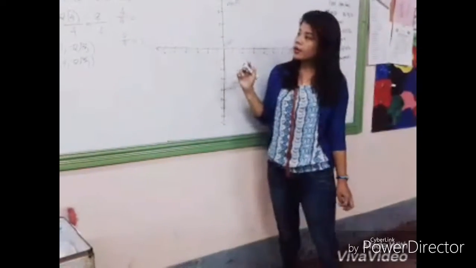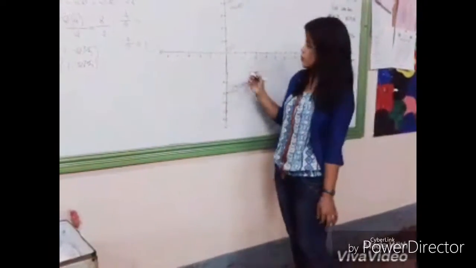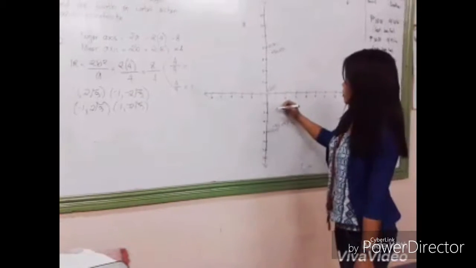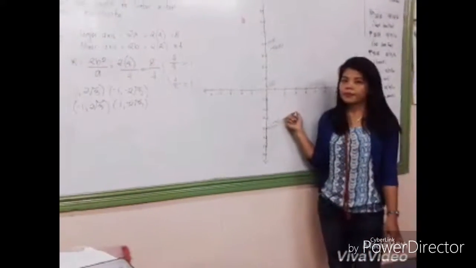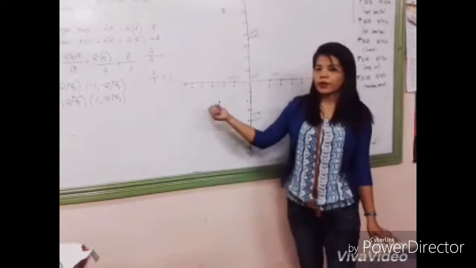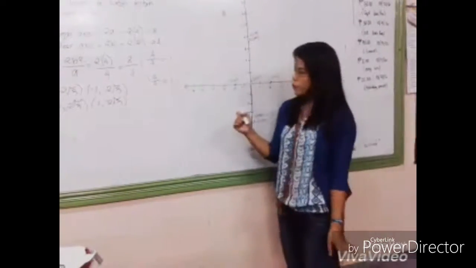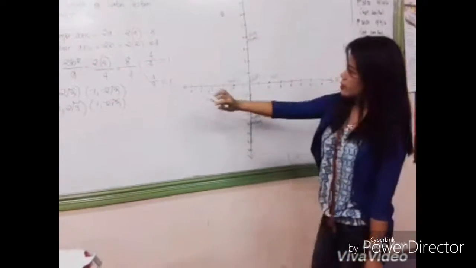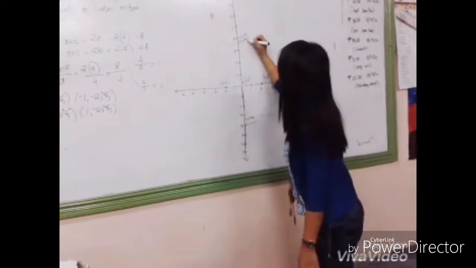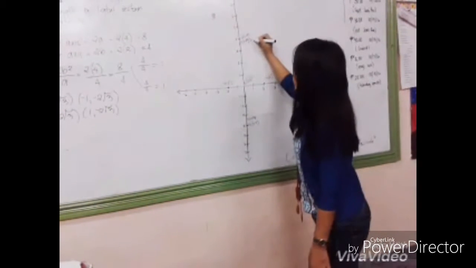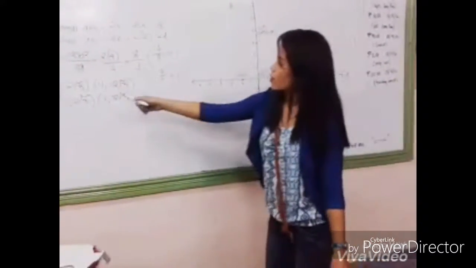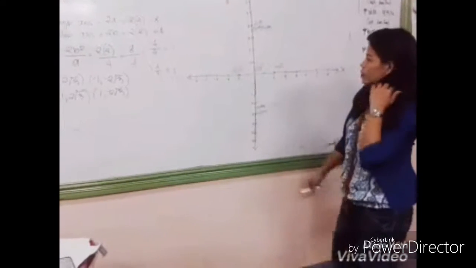And now our endpoints of the latus rectum. The first one is 1 and 2 square root of 3, so we have it here. And the second quadrant, which is for negative 1, so we have it here.